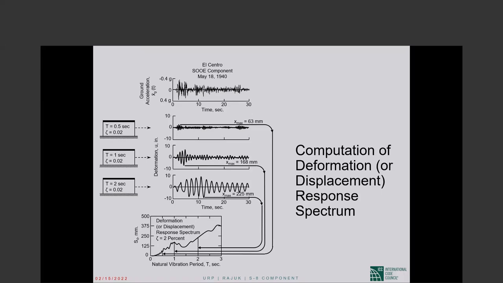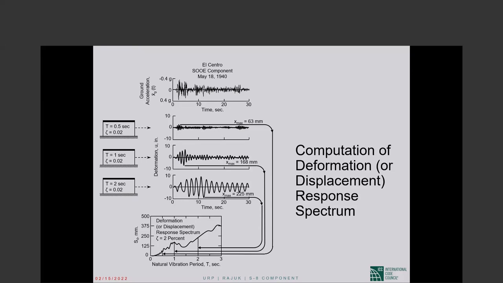A response spectrum gives us the responses of all elastic single degree of freedom systems in the universe with varying periods, but having the same amount of damping when subject to one component of one earthquake ground motion.